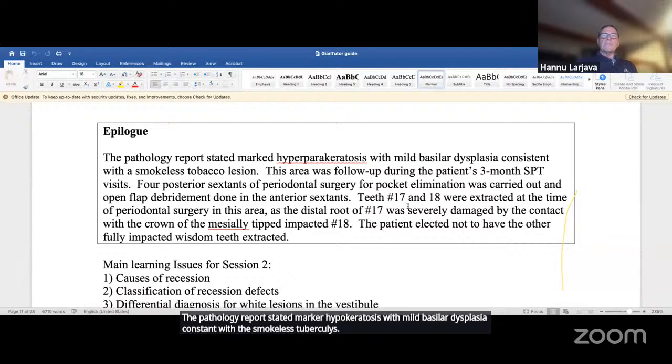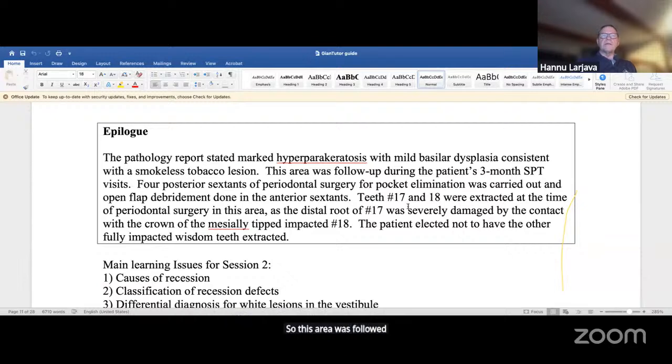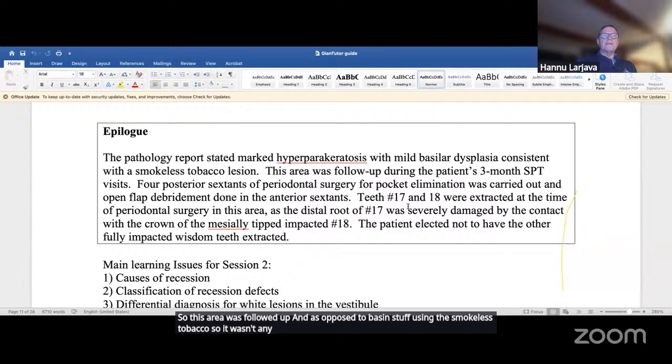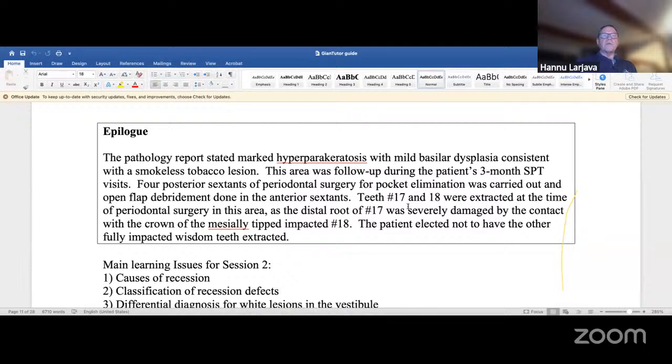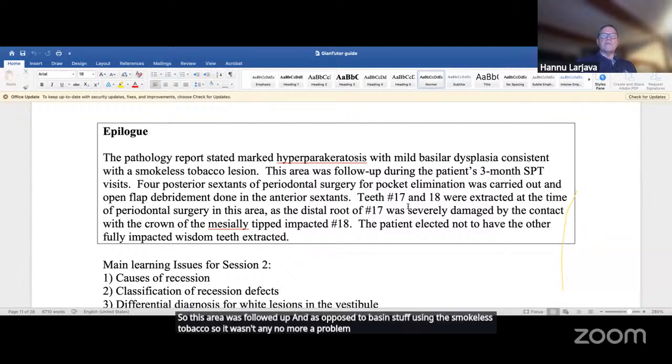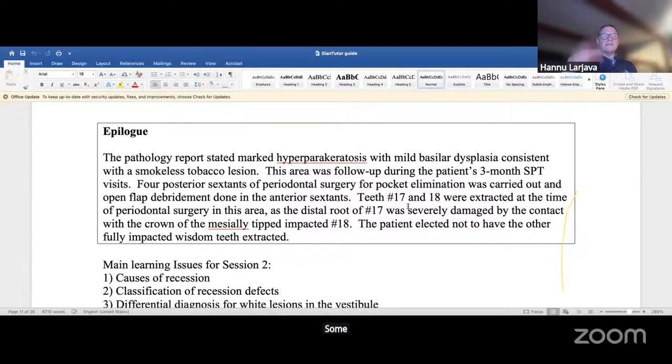So this area was followed up, and I suppose the patient stopped using the smokeless tobacco, so it was no more a problem. There was some periodontal surgery that was done, and some teeth were extracted in this case. That will be up to the clinician to make those calls.